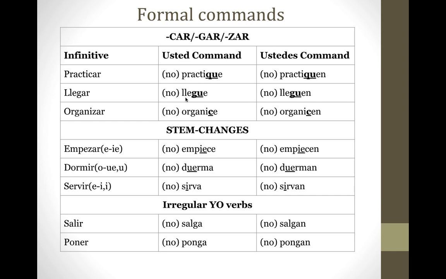Arrive, don't arrive, llegue, no llegue. Organize, don't organize, organice, no organice. And the same is true for the ustedes commands. Okay, formed exactly like the usted command, except it has the letter N on the end.